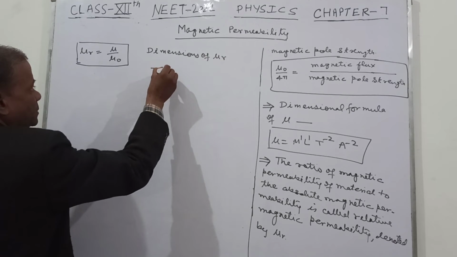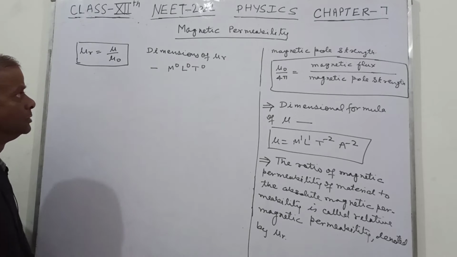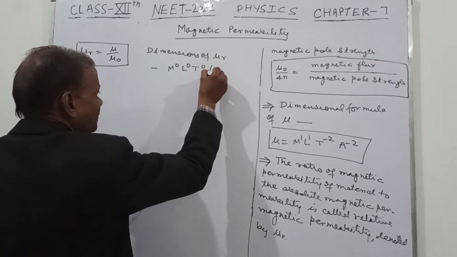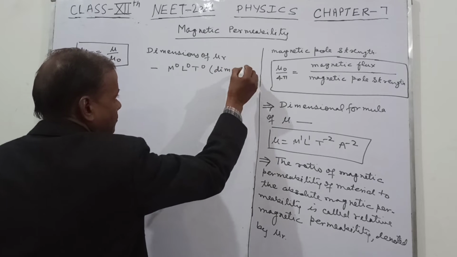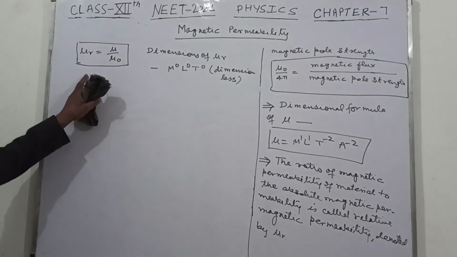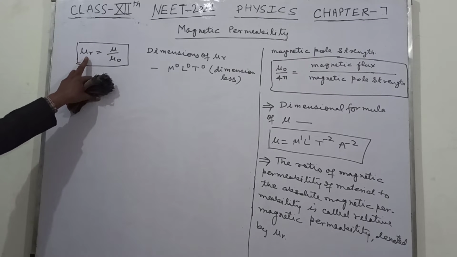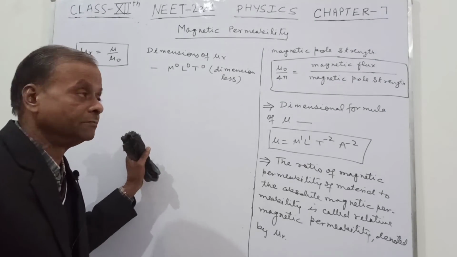So this is what? M0 L0 T0. So this is dimensionless. It has no unit at all, but it has a very significant role when we select the material.